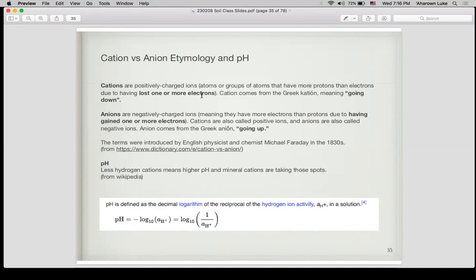They have a spot where they can receive one, and they are called cations, which means going down in valence electrons. Anions are negatively charged because they're going up in valence electrons and have an extra electron. And then here, pH is inversely proportional to the hydrogen ion activity.